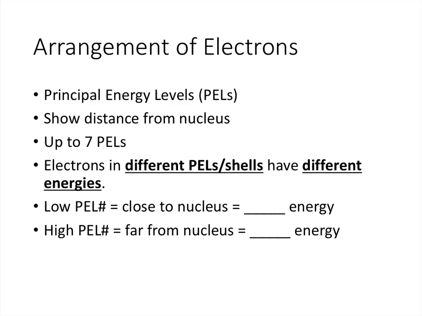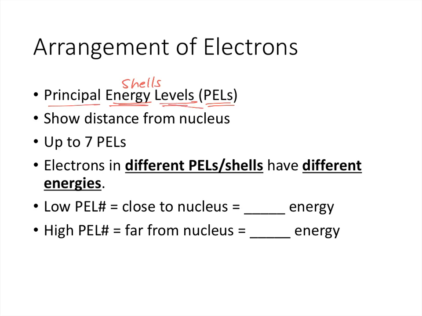Now, also within our school, we have different floors to our building. Just like your classes are located on different levels or floors, electrons are located in different levels as well, and they are called principal energy levels, or PELs. Sometimes you'll also see them called shells or just energy levels, but there's lots of interchangeable terms here.